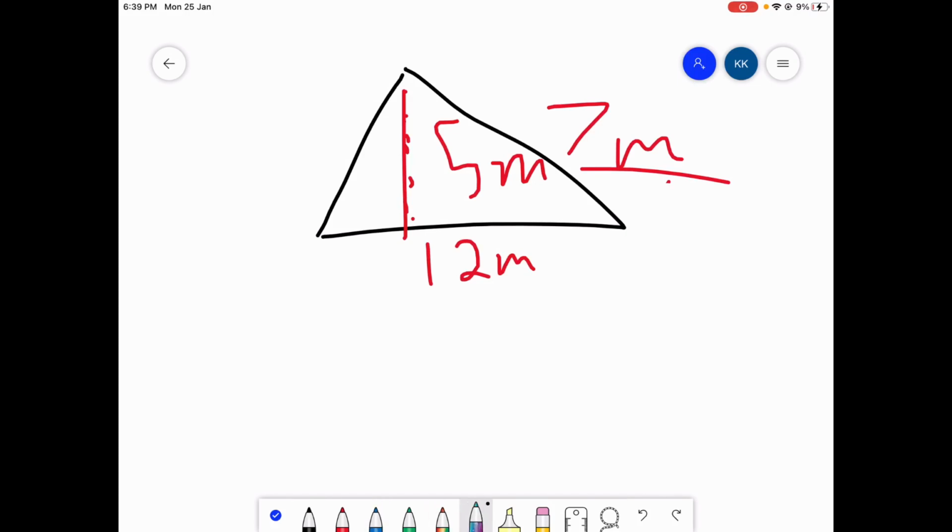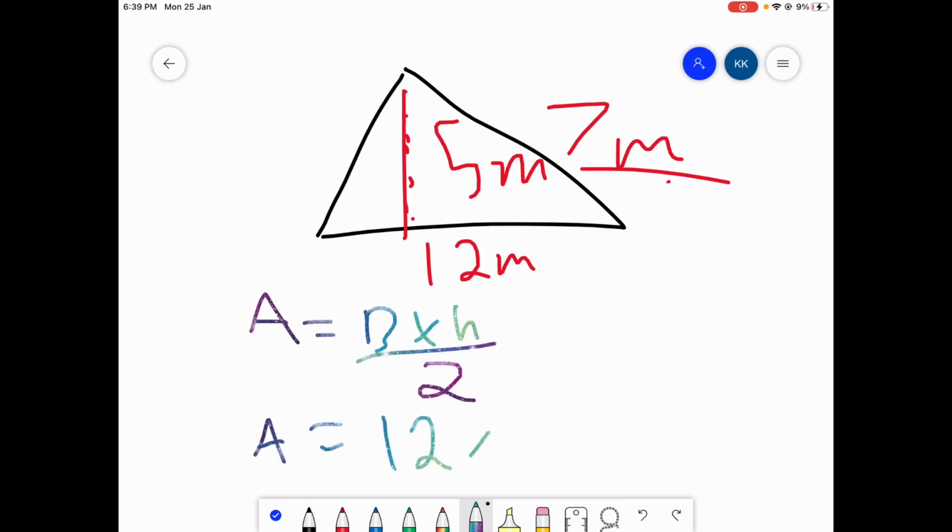A equals B times H divided by 2, which is 12 times 5 divided by 2. 12 times 5 is 60, divided by 2 is 30 meters squared.